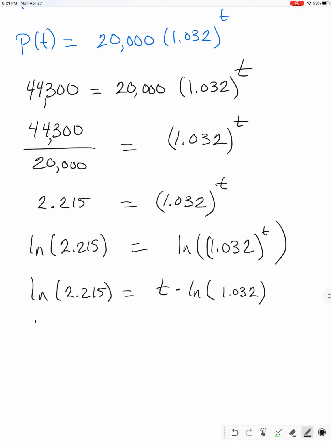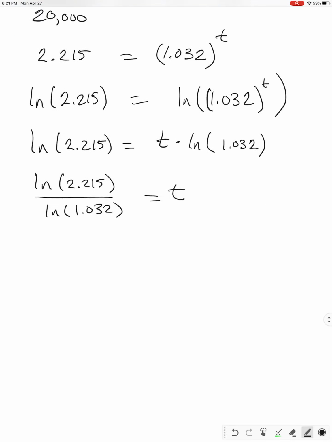To solve for t, I get the natural log of 2.215 divided by the natural log of 1.032, all equal to t. I type that in, and t equals approximately 25.3 months.